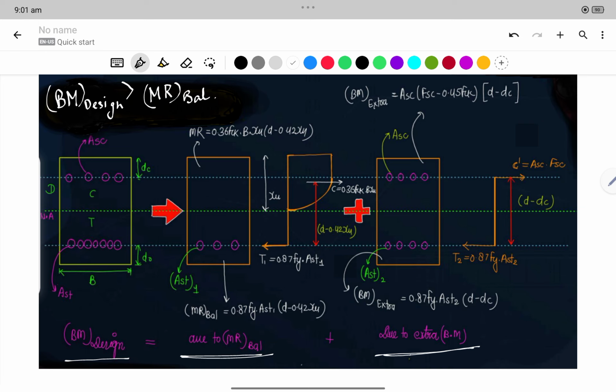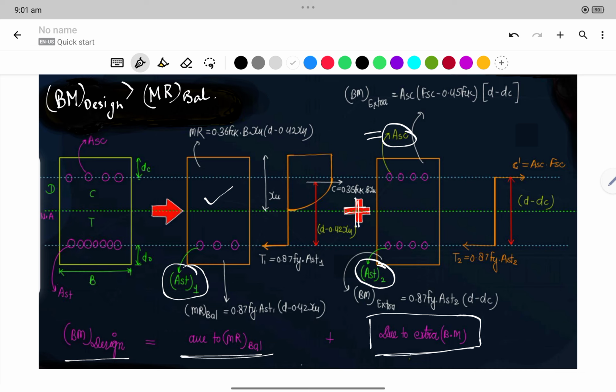You can see here what we are doing. Here is written AST1. This is the previous case, so you can consider it as singly reinforced. This AST1 was previously considered, plus, as given here. Now for this bending moment extra, we are providing AST2, more steel in the tension zone as well as more steel in the compression zone.